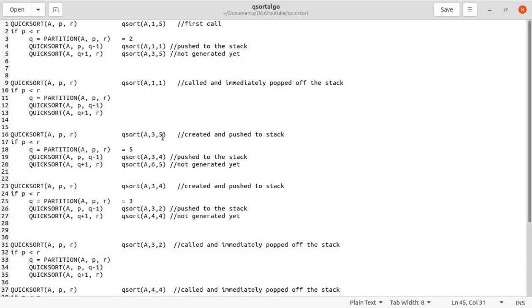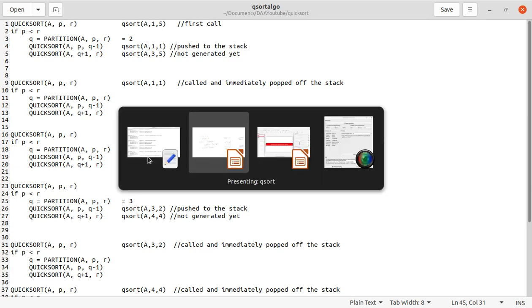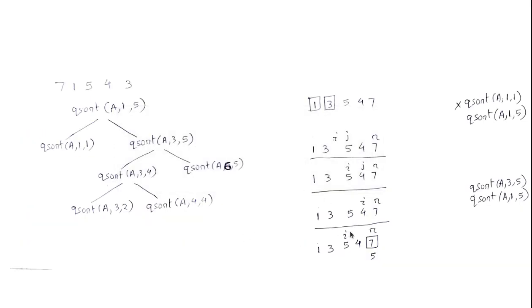qsort A35, p less than r. So partition again will be called. Now the pivot is always chosen as the last element. So 5 is chosen, and from here we can see the pivot which we have chosen got its place, and the index is returned, which is 5.